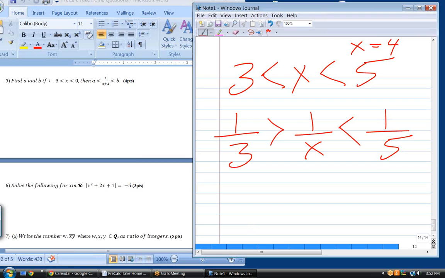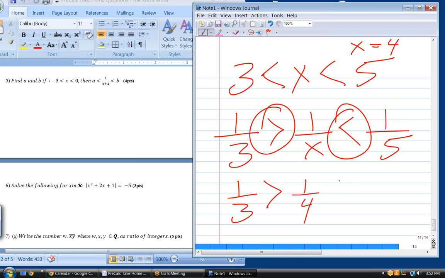So here's a rule that I did not know until just now. And that is when you have this kind of an inequality, and you take the reciprocal of all three items, you change the sign on that one, but you leave the sign on that one the same. Notice that 1/3 is indeed greater than 1/4, but less than 1/5.